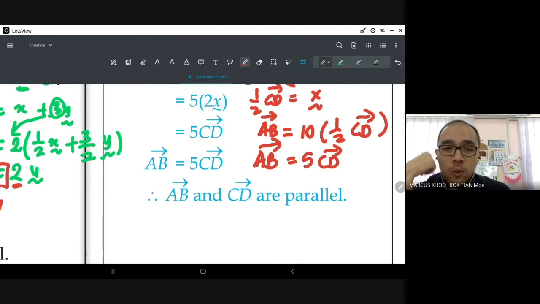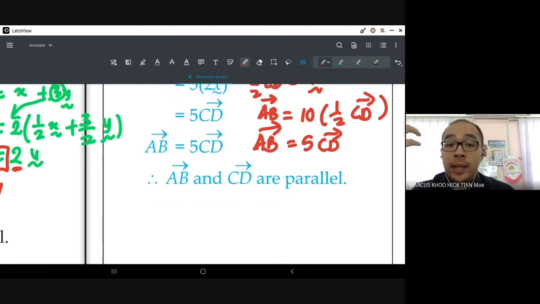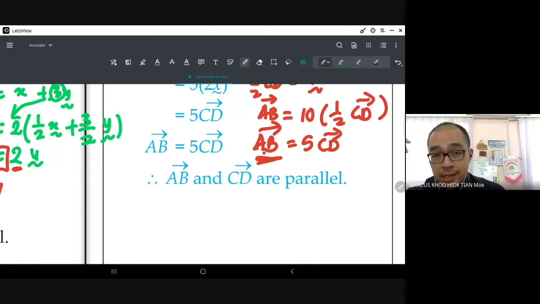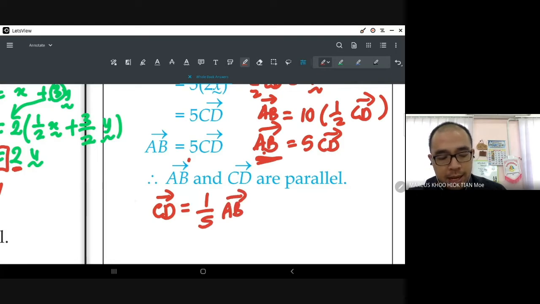Okay, but what if let's say I get another way lah. I don't want to put AB as the starting. I put CD. Also can. If you get the answer CD equals to 1 over 5 AB, this and this are exactly the same thing. It's just that the thing that you put in front is different lah. But it's still the same.